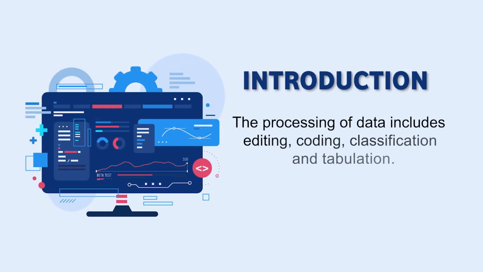The processing of data includes, as you know, the editing of the data, coding of the data, classification of the data, and the tabulation of the data. After collecting the data, because that is the raw form of data we collect generally, it is required to edit it, give the coding, classify it and tabulate it, so that this gives you meaningful information.